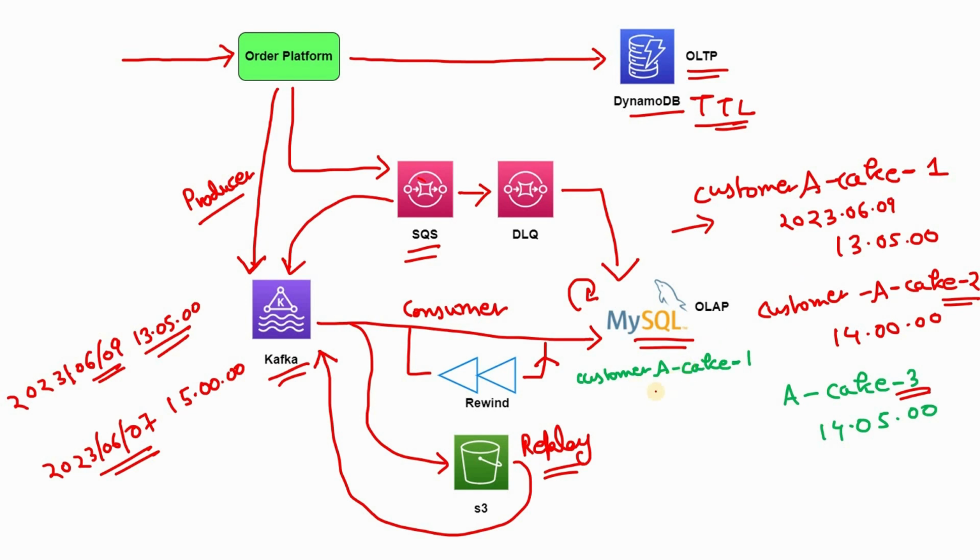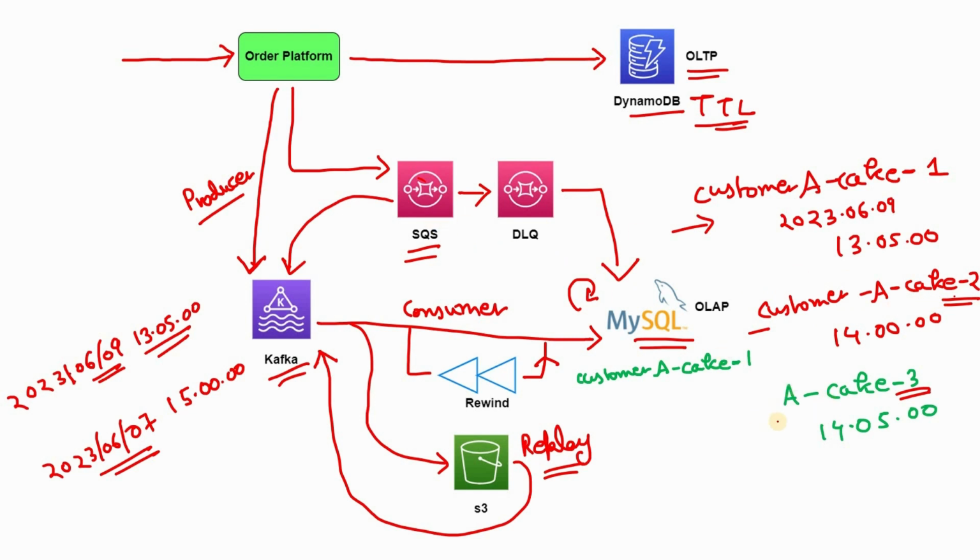Now the insert activity successfully reached MySQL. Now suppose for the second event, when he changed the order quantity from 1 to 2, the producer failed to insert the data into Kafka for some reason. Maybe Kafka was not reachable, and the producer published this update to the SQS queue.